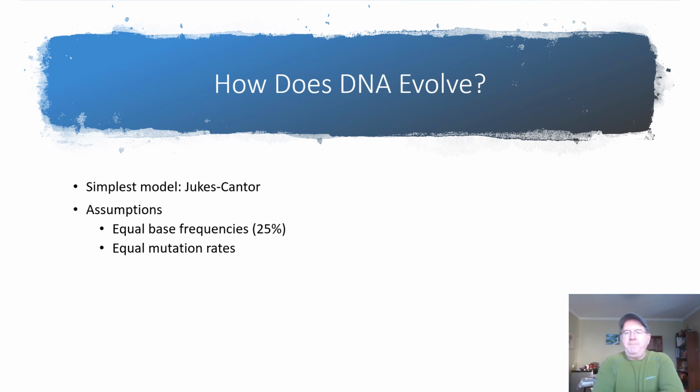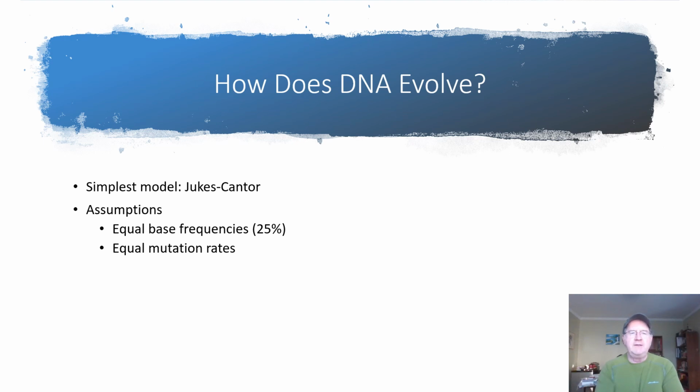The simplest model is known as the Jukes-Cantor model. These are all named after the people who proposed them in the literature. The Jukes-Cantor model has 2 parameters. It's basically only allowing 2 things.